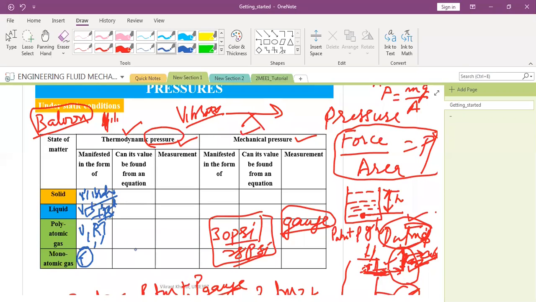Because in case of polyatomic, for instance, say I have CH4, methane. Is methane a polyatomic or a monatomic gas? Polyatomic.